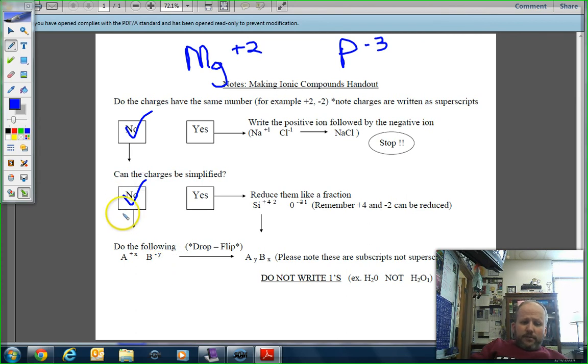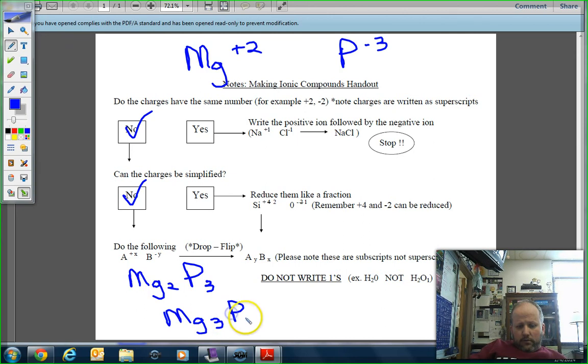So they can't be simplified, so now what we do is drop and flip. We're going to drop these numbers down, so instead of superscripts, they become subscripts, and then we flip them to the other thing. So, if we simply drop them, but then we flip them, that becomes our answer, Mg3P2.